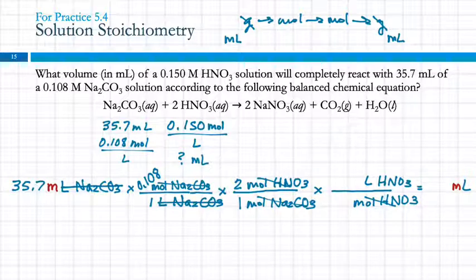And then at the end here, I've got moles and liters again of nitric acid, and I have this concentration, 0.150 moles per liter. So the moles is in the bottom, moles is where the number goes. I'm taking this and inverting it, upside downing it. 0.150 moles, that goes in the bottom.